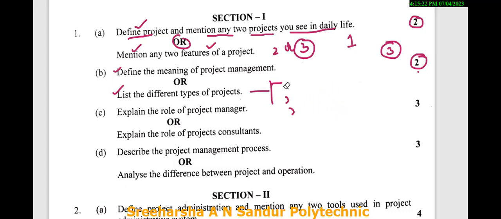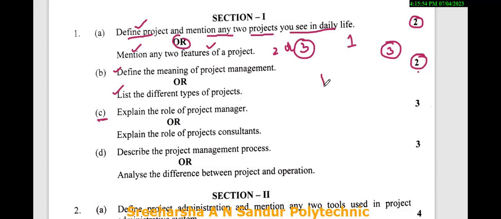What about the next question? Always remember, when you go through the question paper given to you, go on looking at the questions first, and whichever is easiest, whichever you are very confident you are going to write properly, pick those, write the question number properly along with the subdivision, and start answering.